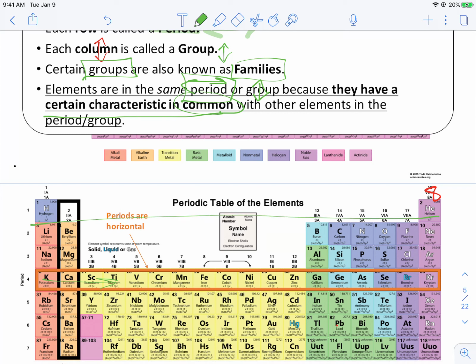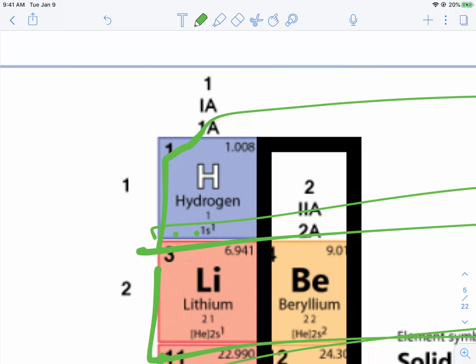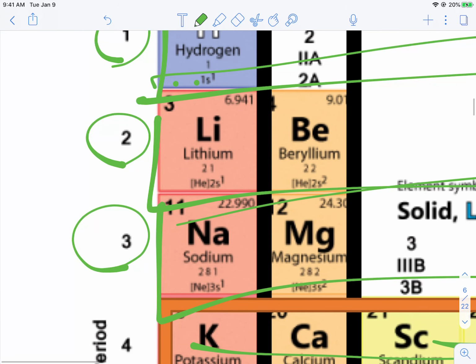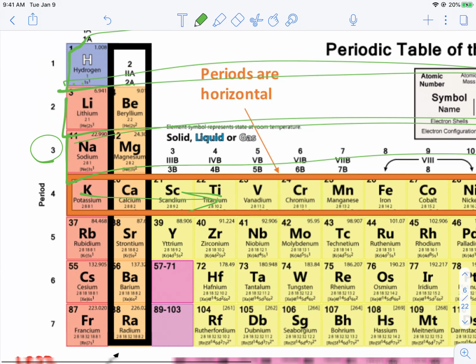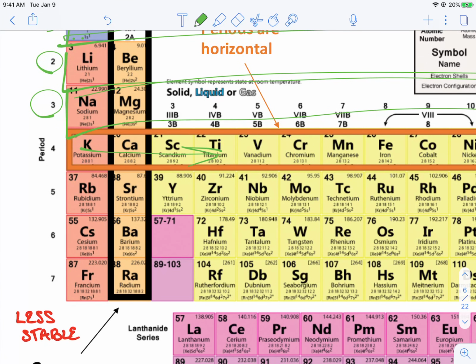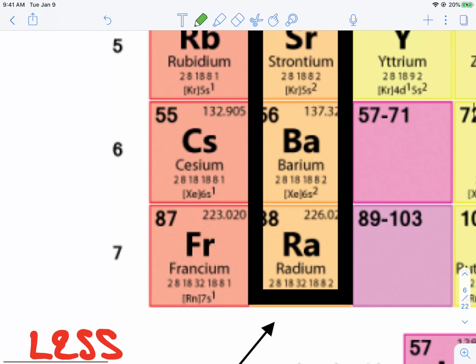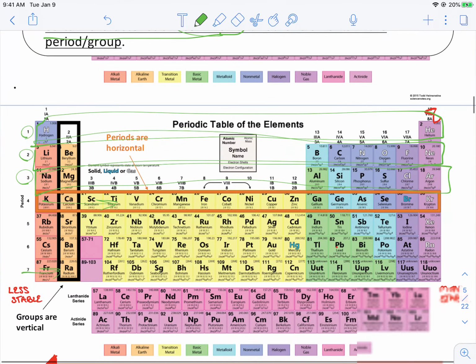So that would be period 1. The next one would be period 2, period 3, and so on. You'll see on the side each number of period, which applies to the row that goes to the right. Now if I go down, I'll see that I have 7 rows stacked on top of each other. That means I have 7 periods that go that way.